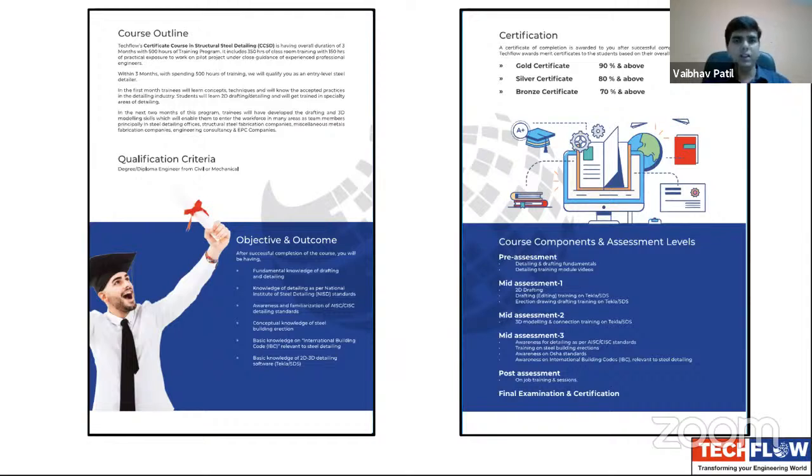You will get a stipend: 12,500 for a diploma person and 15,000 for a BE person. The course is designed so that if you are a diploma holder, you will get 1,50,000 within the 1 year as a stipend.